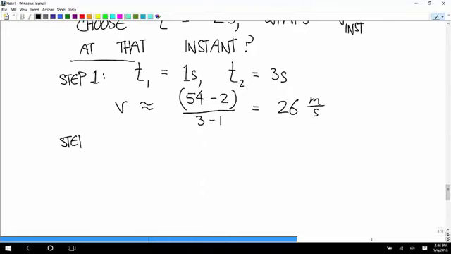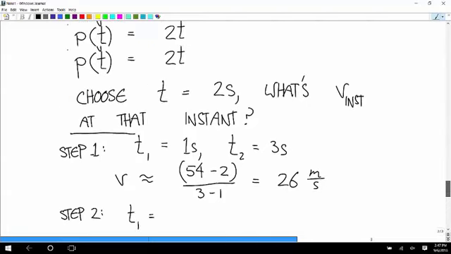But now we're going to do another approximation with those 2 times, t1 and t2, closer together. Okay, we're going to see what happens. Remember, all we're trying to come up with is the instantaneous velocity at 2 seconds.